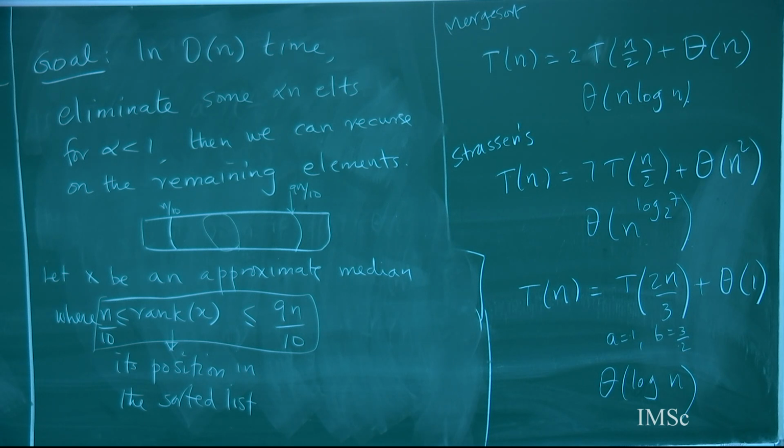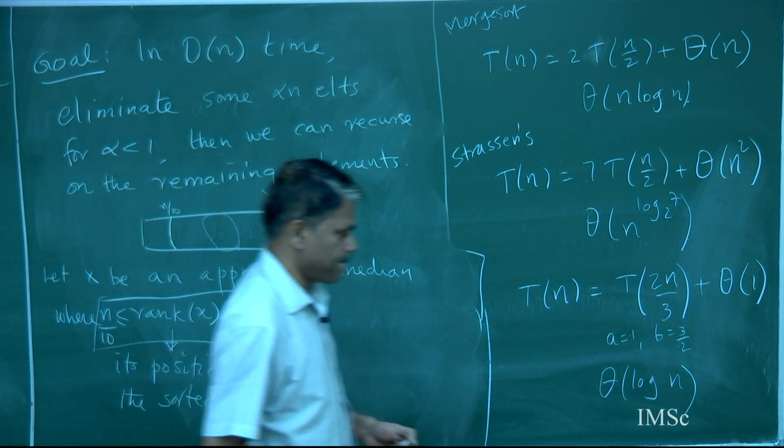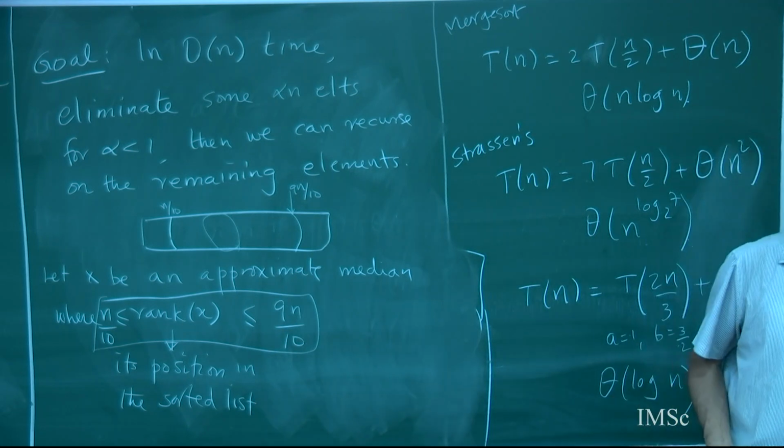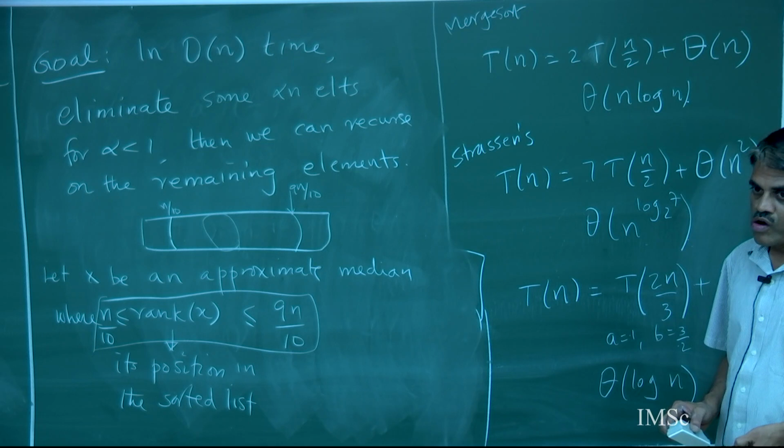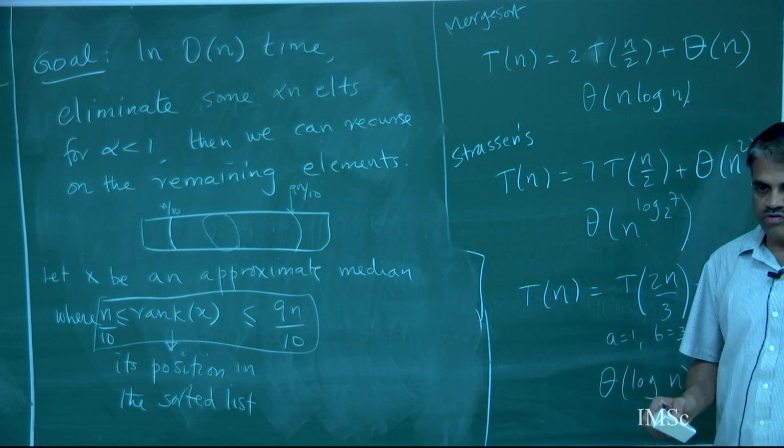So I don't know x's exact rank. I don't know exactly where x will position, but somehow I know that it's not too much at the extreme. Then I'm done. Why? Suppose I can find such an x in linear time. What do I do afterwards? Can I find x's exact rank? How can you find the rank of an element?